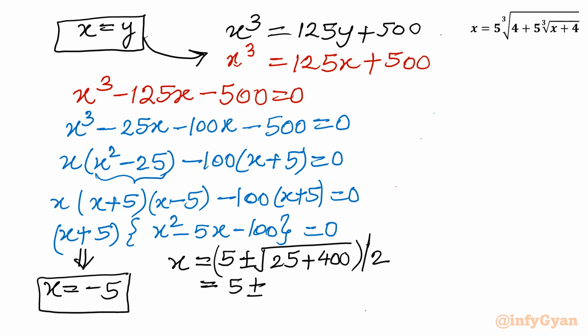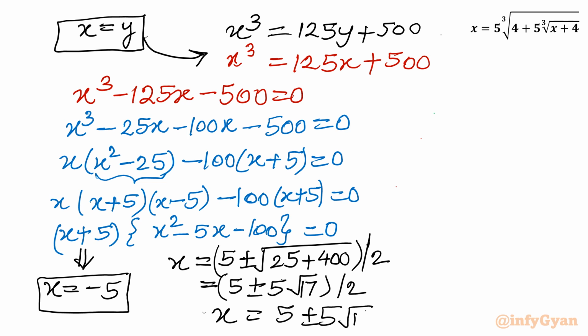So it is 25 times 17, so let me write 5 root 17 directly, divided by 2. So ultimately both solutions are real here also. So I will write x is equal to 5 plus minus 5 root 17 divided by 2. So we have got three solutions, all are real valued.